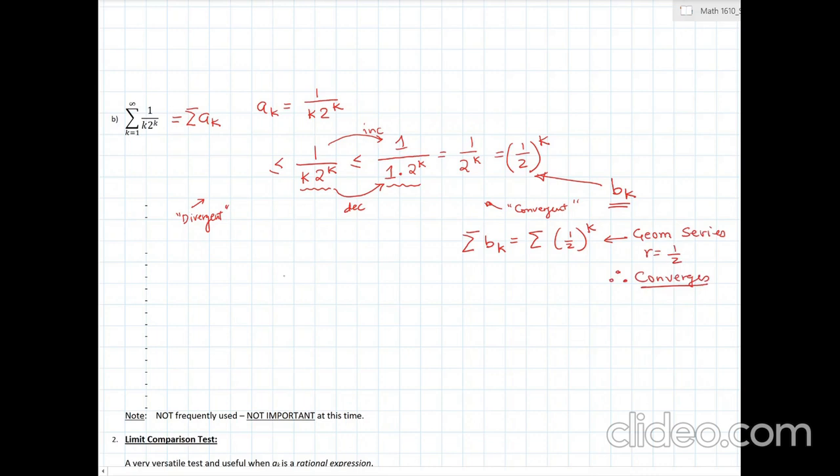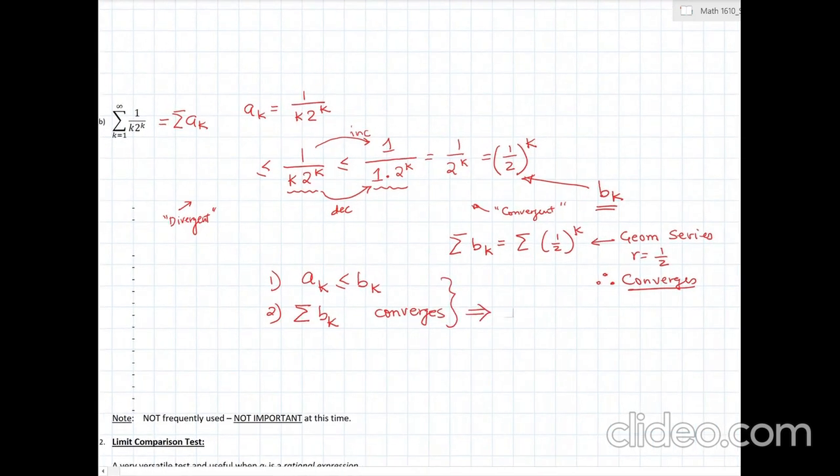So what have we found? First, we have found a bk which is larger. Second, we have found that the series bk is convergent. Series bk converges. So these two together imply that my given series ak converges.